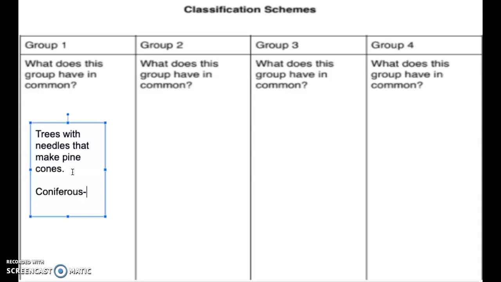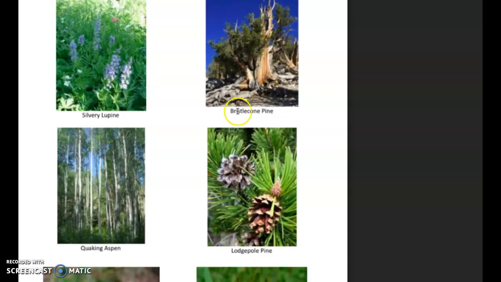Or in other words, they stay green all year long. Because if they have needles, then we know that they're coniferous. Okay, jumping forward to group 2, we're gonna do it again.